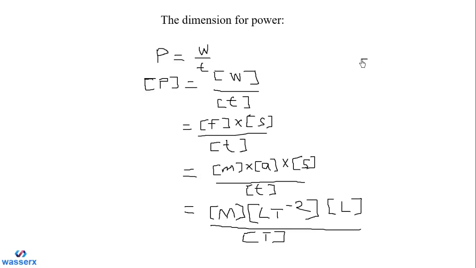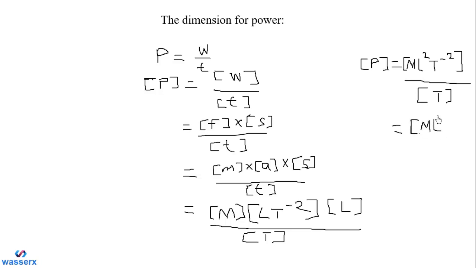When we simplify, we get the dimension for power to be equal to ML^2 T^-2 all over T, and this further gives us ML^2 T^-3.